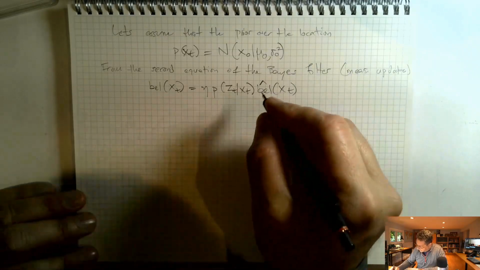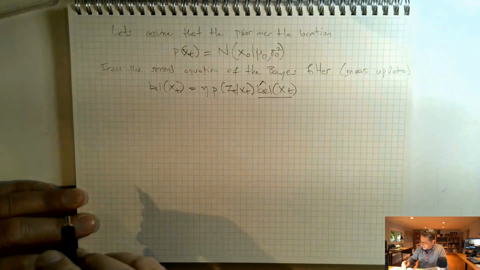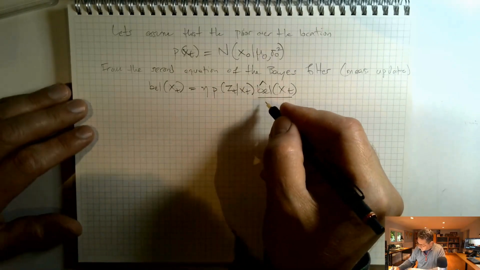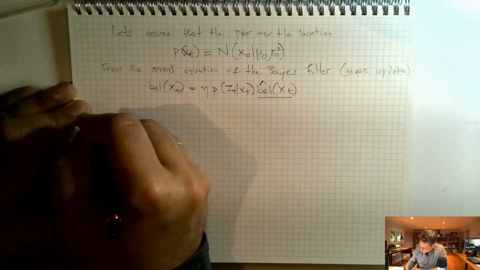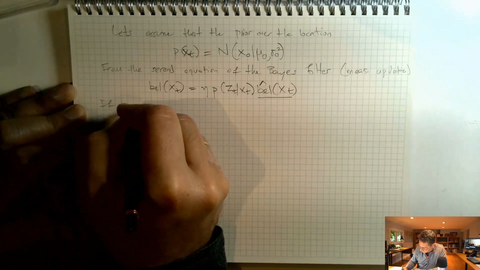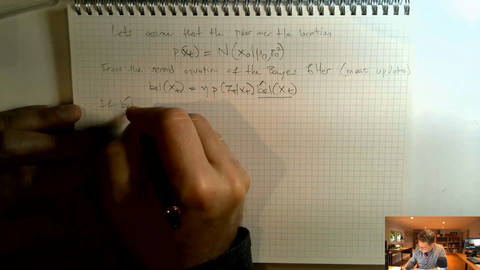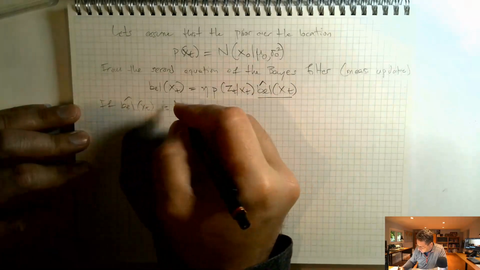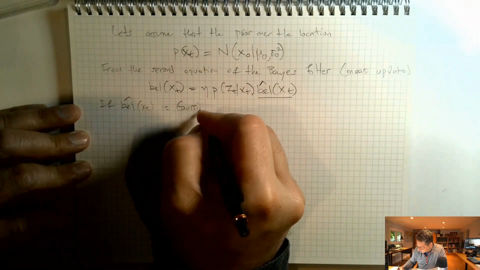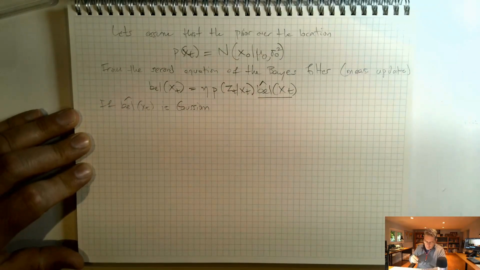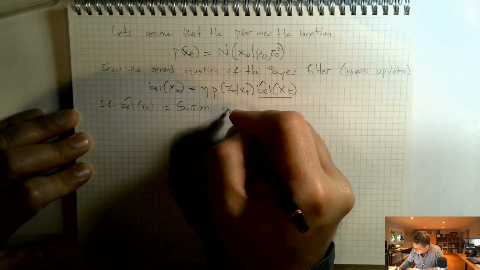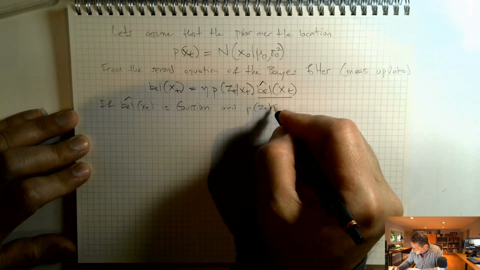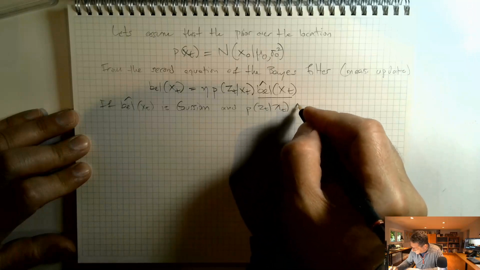The only thing that we are going to assume here is that the prior is Gaussian. So the belief hat of xt is Gaussian, and the probability of the measurement zt given xt is also Gaussian.